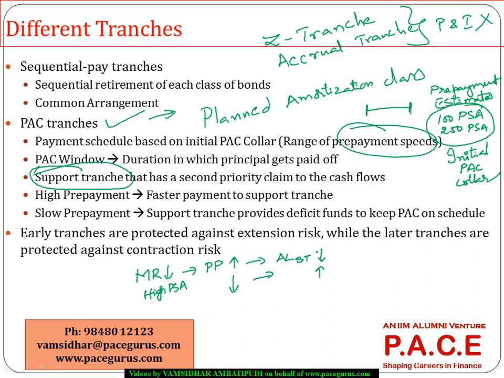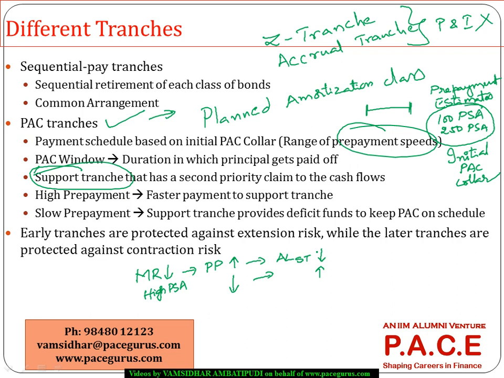This can happen either with higher PSA, or when mortgage rates fall drastically and prepayments increase, right?